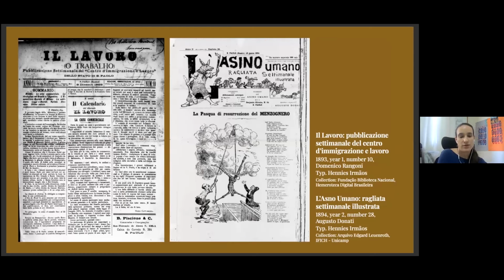Here we see covers of two weekly newspapers printed for the Italian community in the late 19th century. Il Lavoro, the work, published by the Italian Immigration and Work Center, and L'Asino Umano, the Human Donkey, an anarchist publication described by its editors as an illustrated rag.